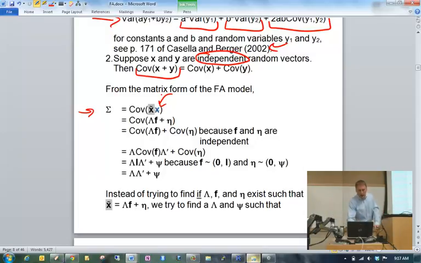Well, let's say that's step 1. For step 2, let's actually put in the model. So it's lambda times f plus eta. Now remember, the f's are independent from the etas. That's an assumption of our model. So using the result that we had up there, we can distribute the covariance through the sum.